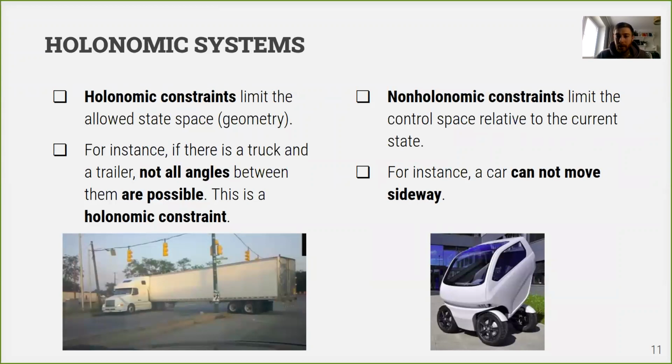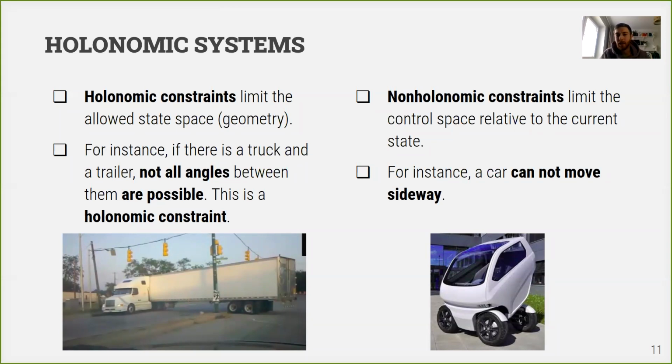And non-holonomic constraints limit the control space relative to the current state. It means that, having our current state of the system, for example, the pose of the robot, we are already limited with further actions we can take. For example, if we have a car parallel to the side of the road, we cannot move sideways, right? We will have to complete a complex maneuver to change a lane, for example.